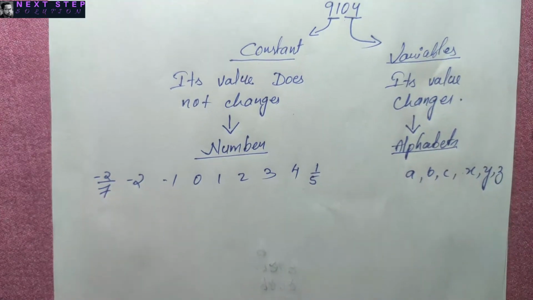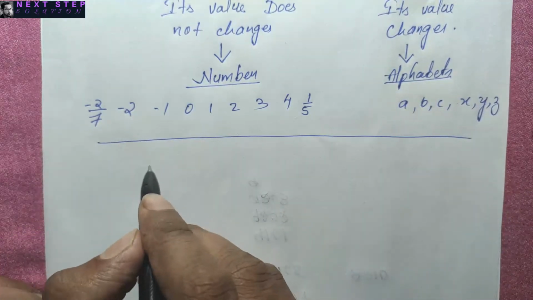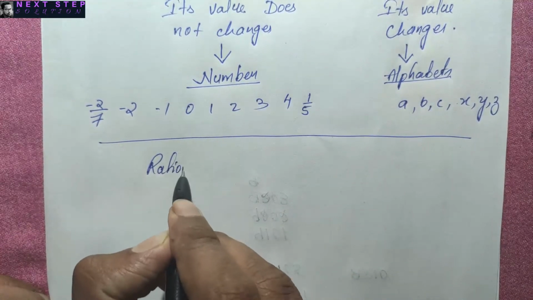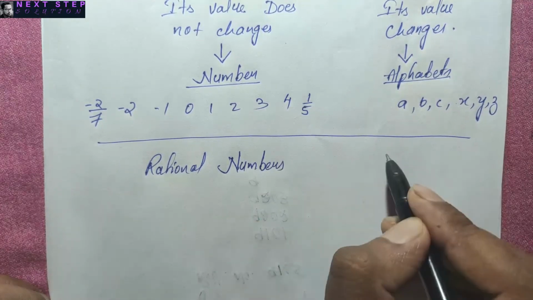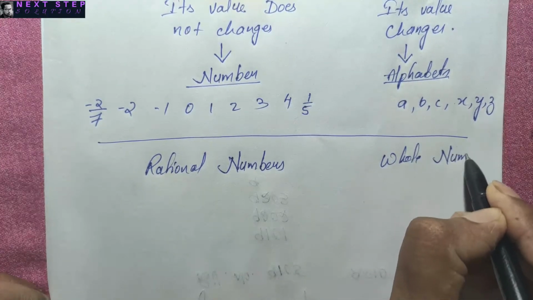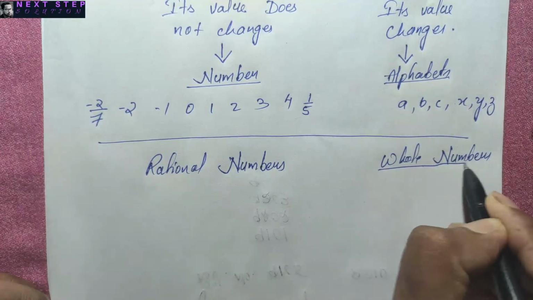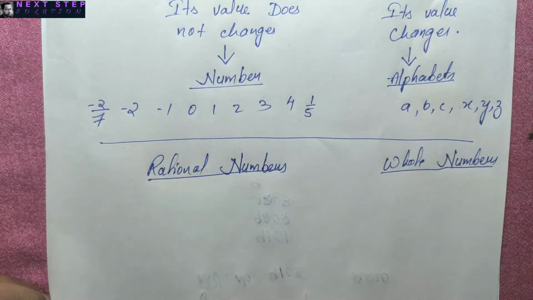Now, you have also learned two types of numbers which we will be using: rational numbers and whole numbers. Now, all whole numbers are rational numbers, but all rational numbers are not whole numbers.